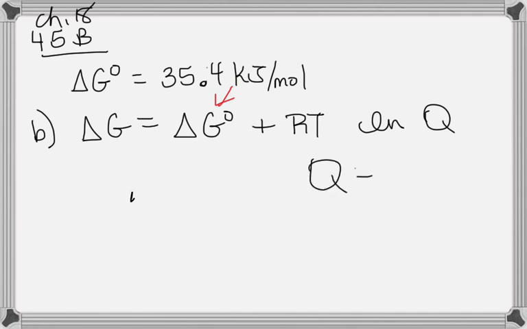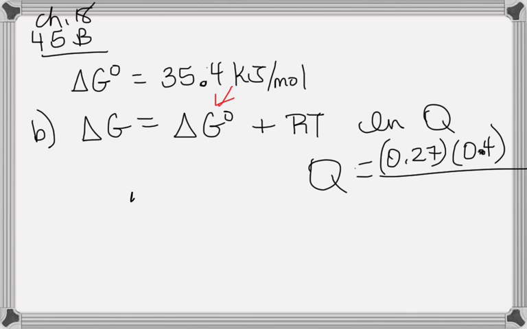So for Q, you're going to take products over reactants, raised to the power of the coefficient, and that's where you use the numbers it gives you in B. So you take the PCl3, which is 0.27, times the chlorine, which is 0.4, and you divide that by the PCl5, which is 0.0029, okay? And then that's the math to do part B.